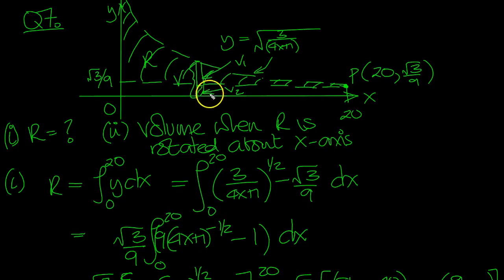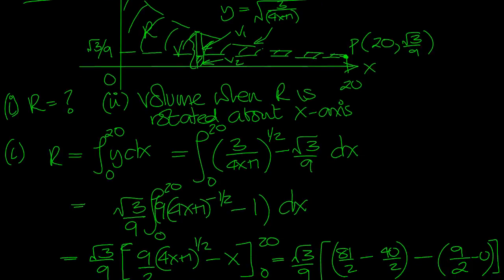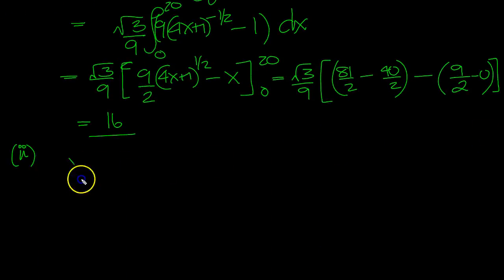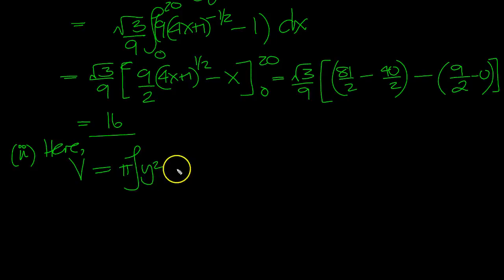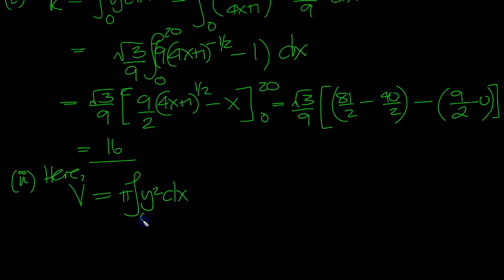So I'm going to work out the whole volume, then V2, and work the difference out to get V1. So volume, so it's a disk, pi y squared dx. Those are the disks. And we're going to do it from 0 to 20.